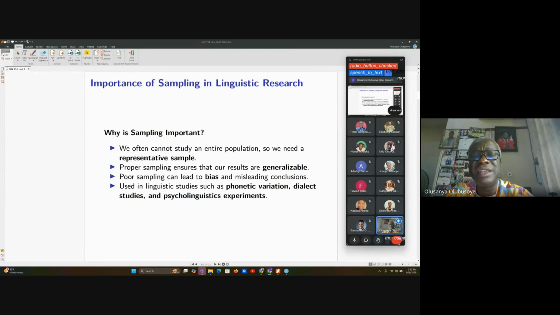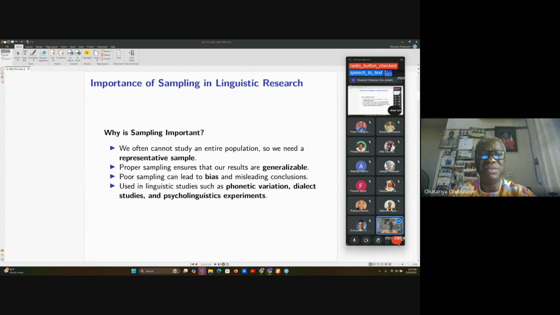And even if you use an appropriate sampling method, the way you conduct the sample, you can still introduce bias, which can lead to misleading conclusions.